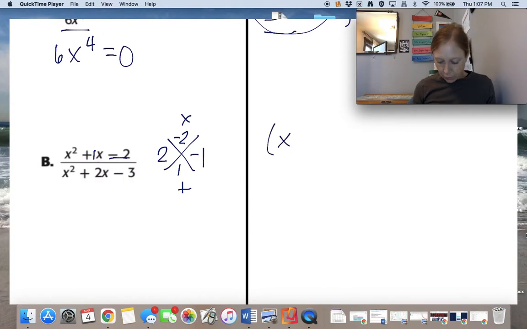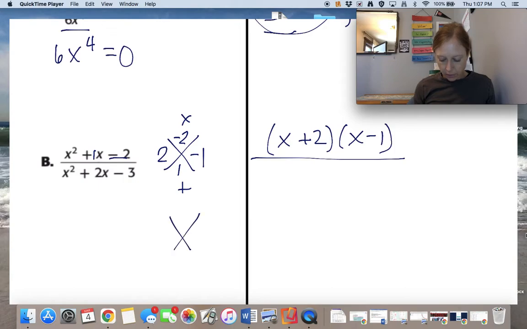So that's what my numerator factors to, x plus 2, x minus 1. Now I'll factor my next one, what multiplies to -3 and adds to 2. Again, we have a positive number and a negative number. And so that would be 3 and -1.